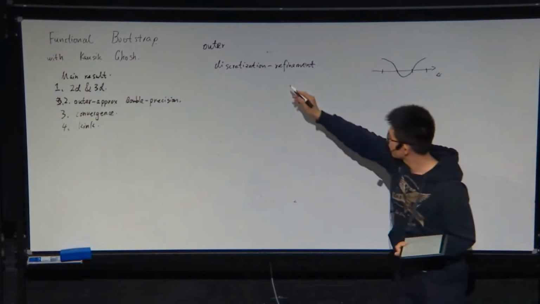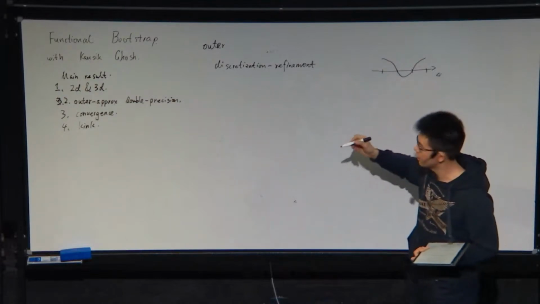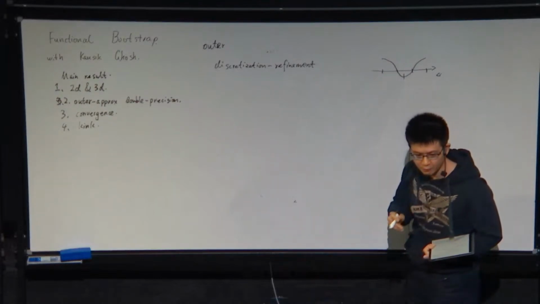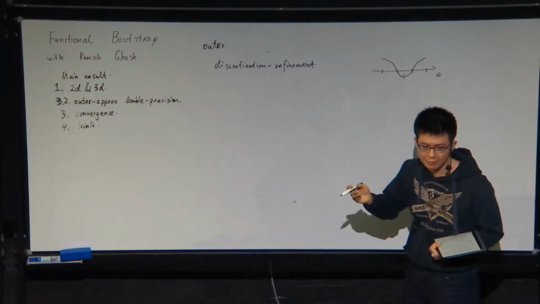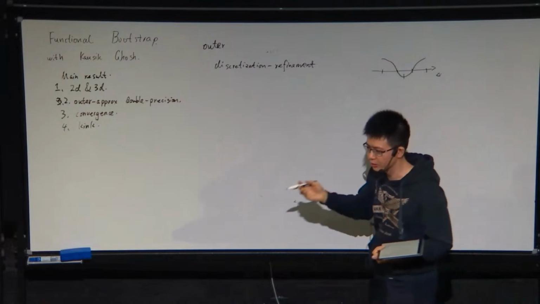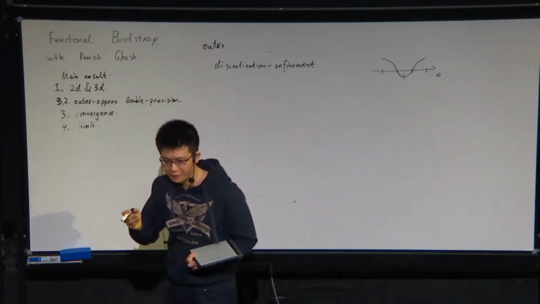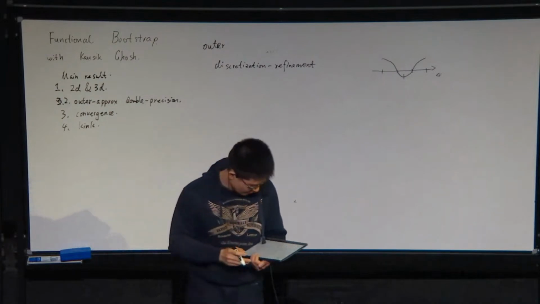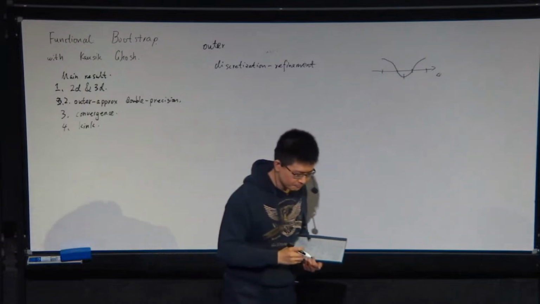So the refinement here, roughly speaking, means that if you find some negativity, you put in one more grid point to guarantee that the positivity is satisfied everywhere. After some finite number of iterations, you will reach a close enough solution to the full positivity condition. This is called the auto approximation here.